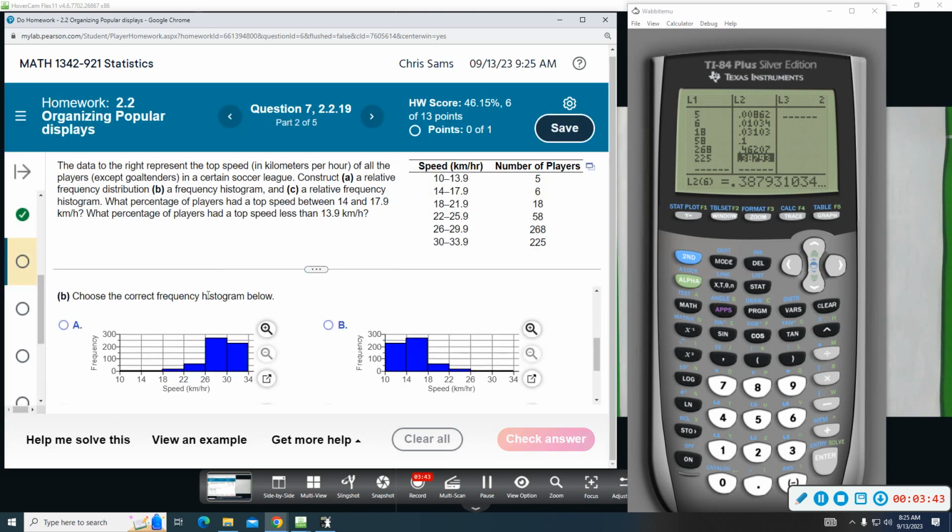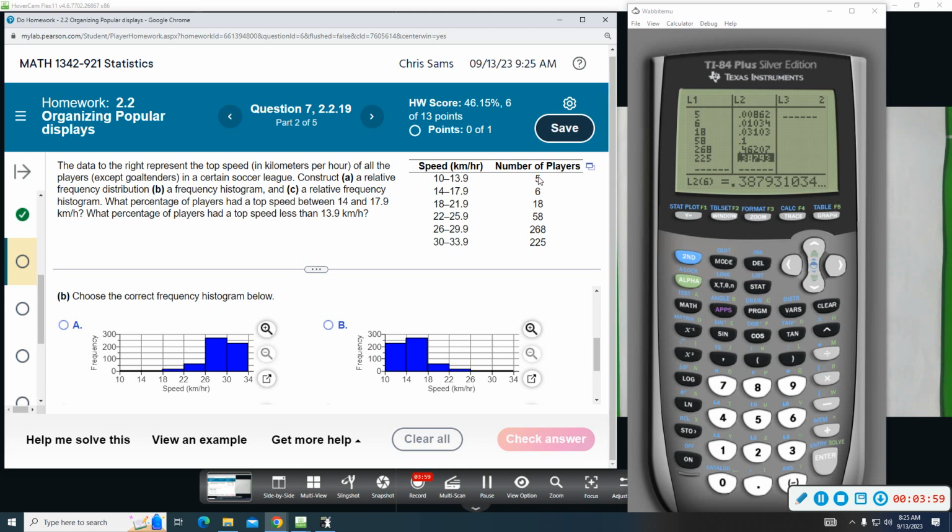Now we're going to use those numbers to construct a histogram. Histogram is just a bar graph where the heights go up to the frequency, and they're going to be in order according to their classes.